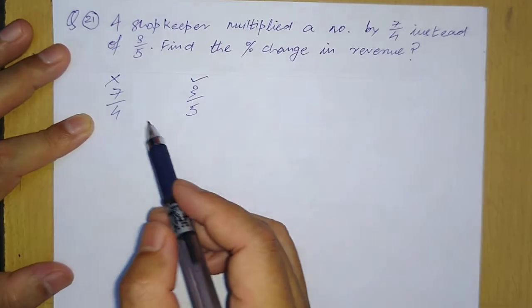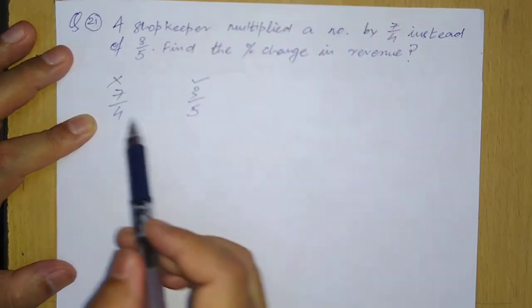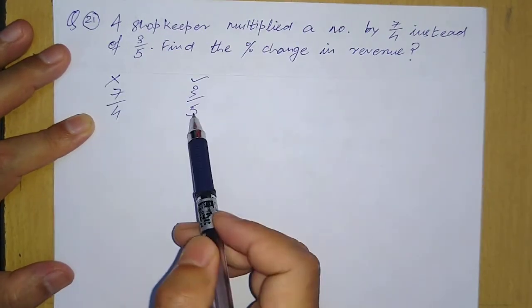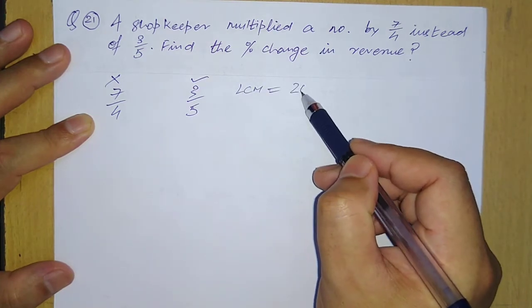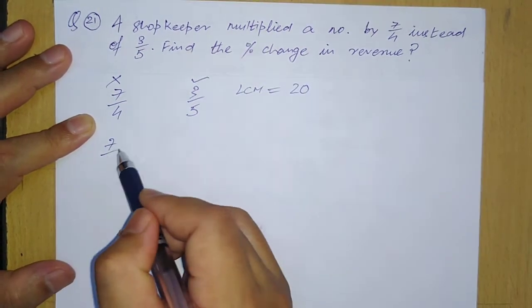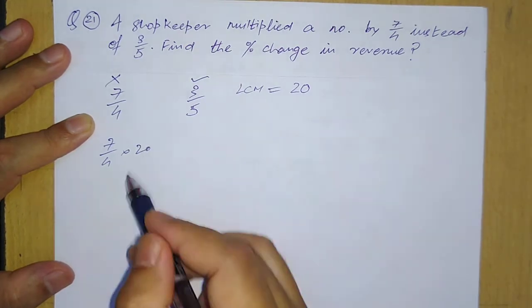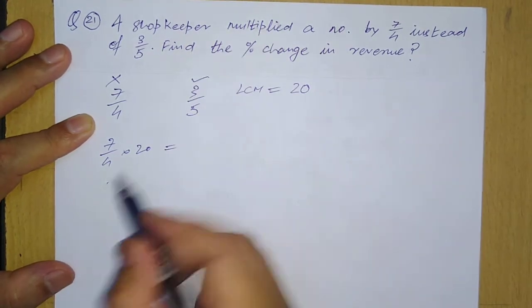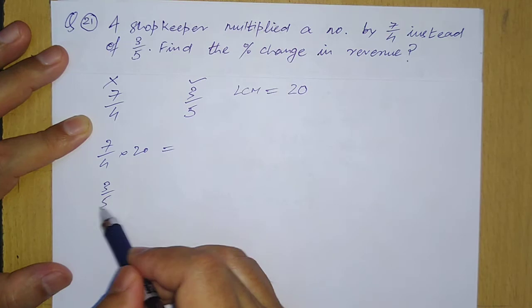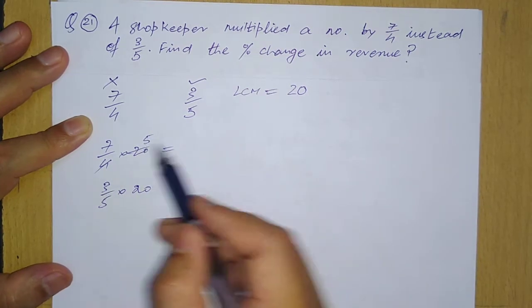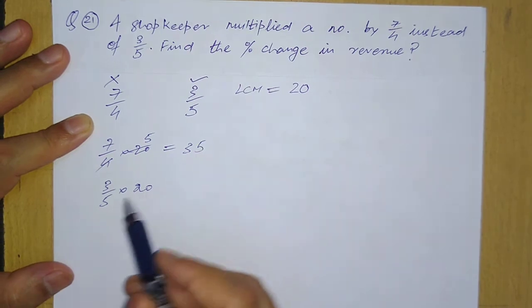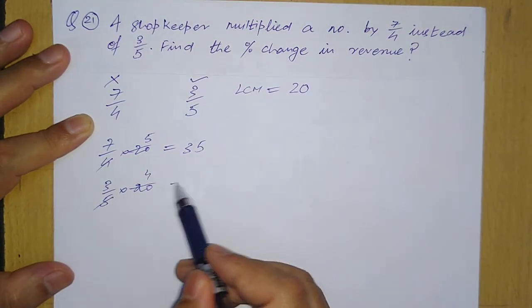In such type of questions, we will take the LCM of the denominators, which are 4 and 5. Our LCM will be 4 into 5, 20. So now 7 by 4 into 20 and 3 by 5 into 20. 4 5s are 20, 7 5s are 35. 5 4s are 20, 3 4s are 12.